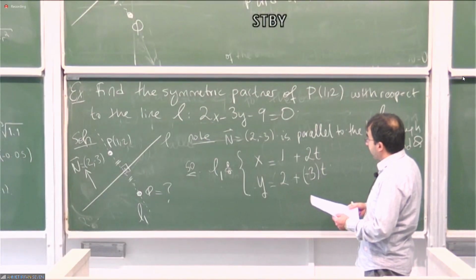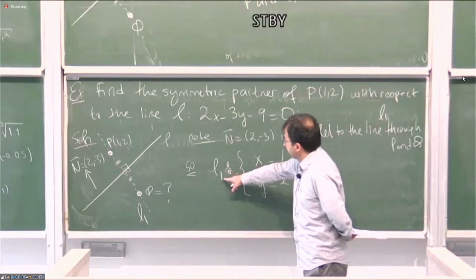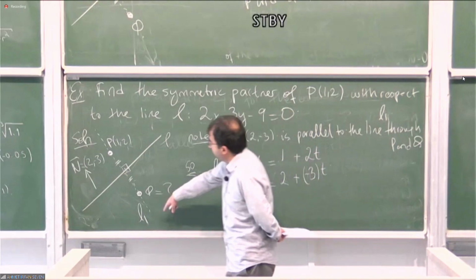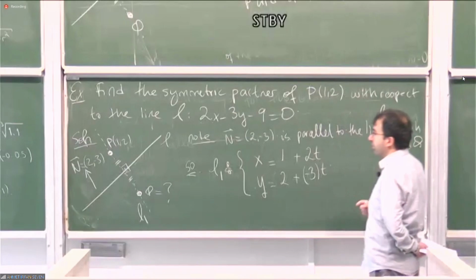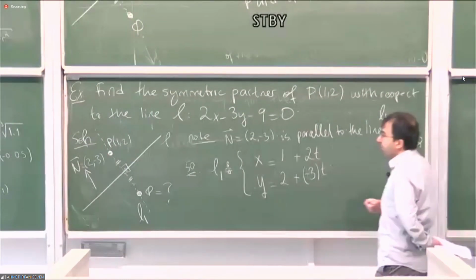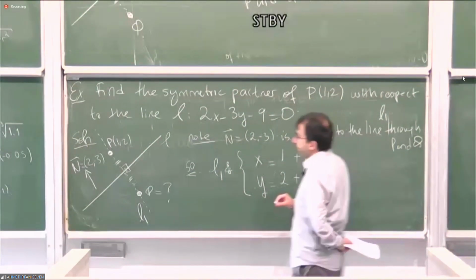This is the equation of the line which passes through P and its symmetric partner Q. I don't know Q for the moment. Now what can I do? I can use this to find the intersection point.